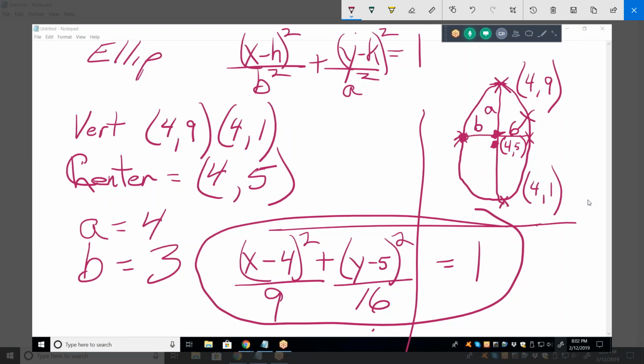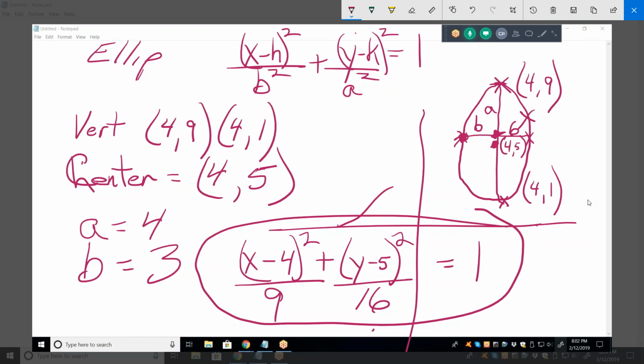Well, if I substitute 4 and 9 in here, what do I get? 16 over 16 equals 1. So this definitely fits for the one point we know, and it's going to fit for the other one also, 4, minus 1. I'm still going to have 16 over 16 equals 1. Okay. All right. Did they want anything else other than the equation?